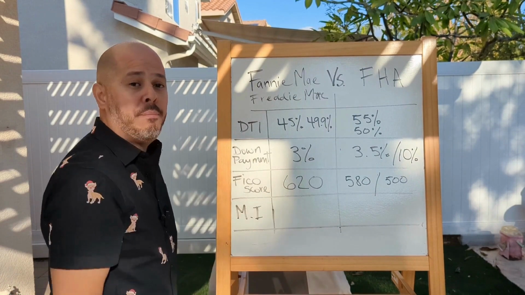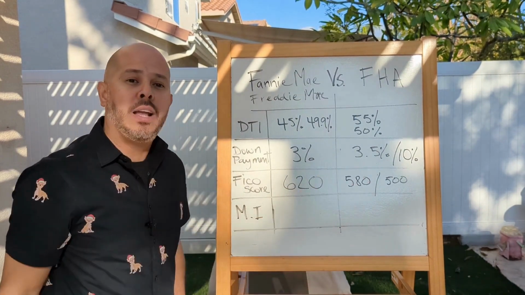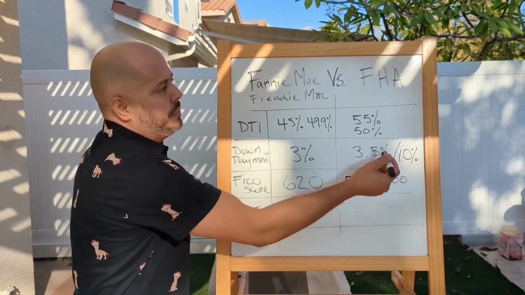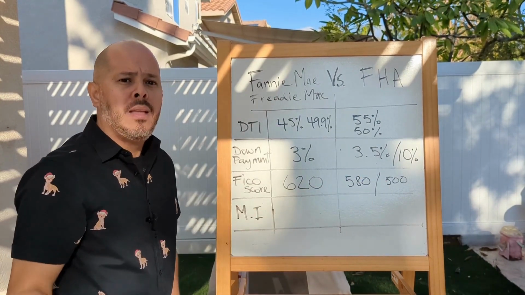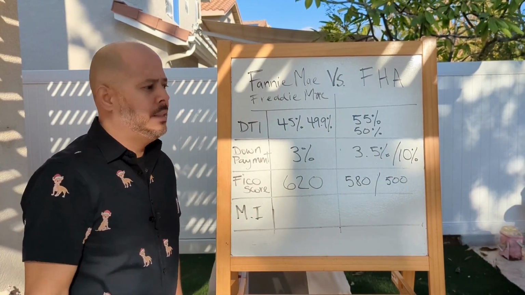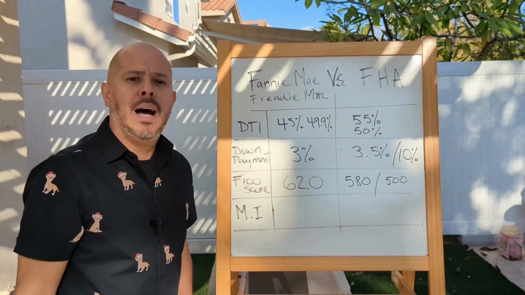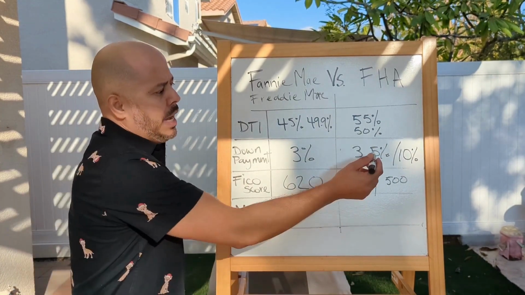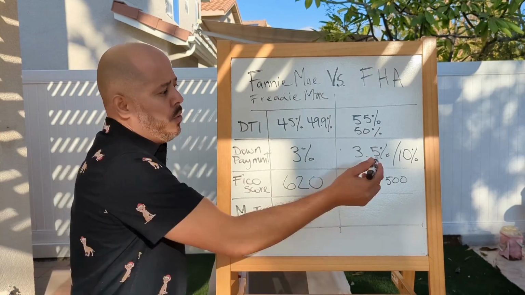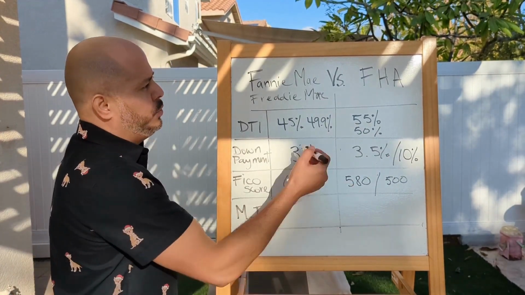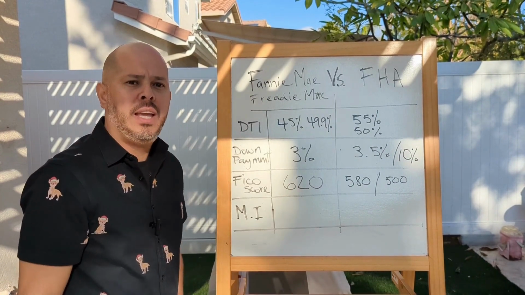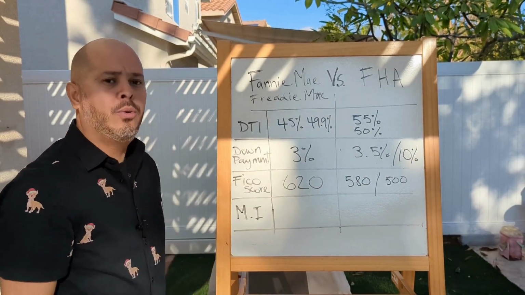If you're only putting 3.5% down, then you need a minimum FICO of 580. So again, FHA is going to give you more flexibility. It's going to allow you to bring down those limits, but again, you need to have the 3.5% or the 10%, depending what your FICO is. So that is the difference between Fannie and FHA when it comes to the FICO score.